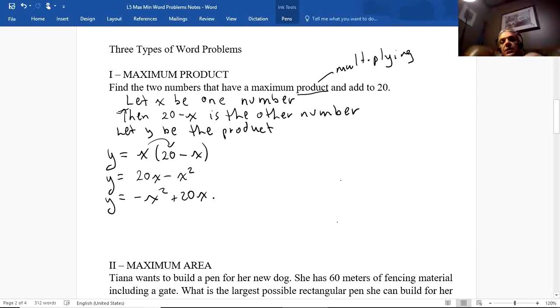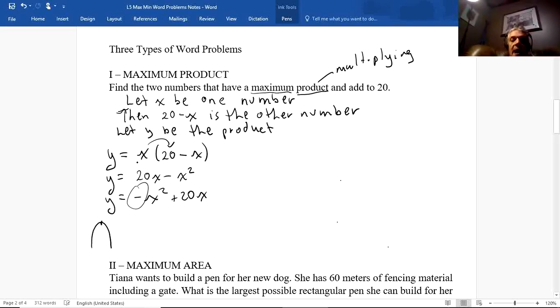It's important because by having a negative out in front, we have a parabola that opens upside down and gives us a maximum. And remember, we're looking for a maximum product. Most of these questions look for maximums because we're not really as interested in minimum values as we are in maximum values, okay?